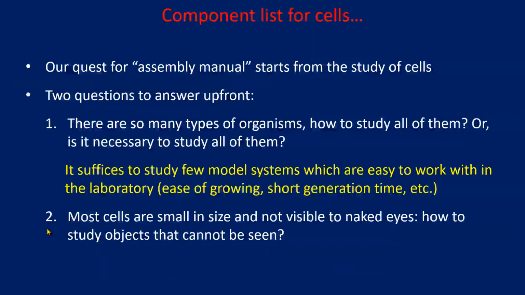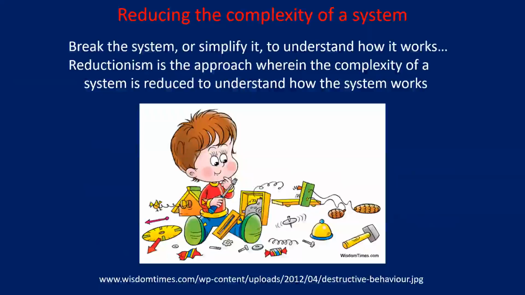And to answer the second question, since most of the cells are small, what you do is reduce the complexity of the system by breaking it, and by breaking the system, you can simplify it and understand how it works.